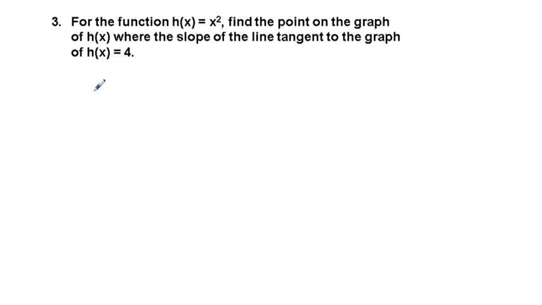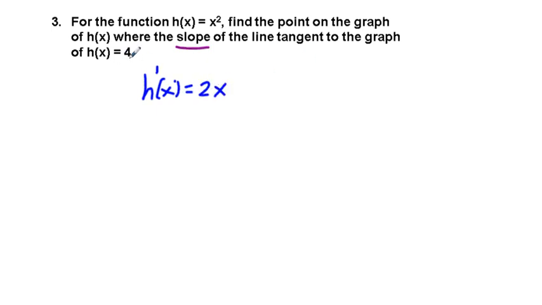Problem 3, for the function h of x equals x squared, find the point on the graph of h of x where the slope of the line tangent to the graph of h of x equals 4. Well, to find the slope, we'll take the derivative of this, so if h of x is x squared, h prime of x is going to be 2x.